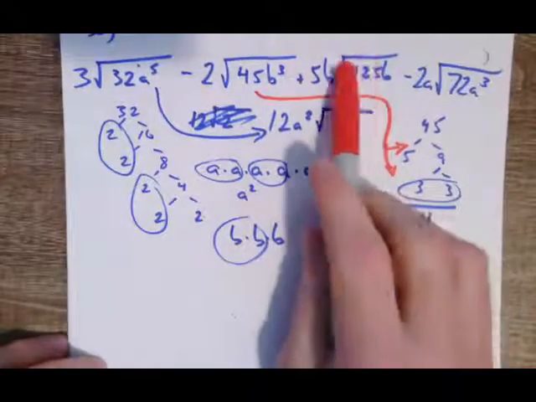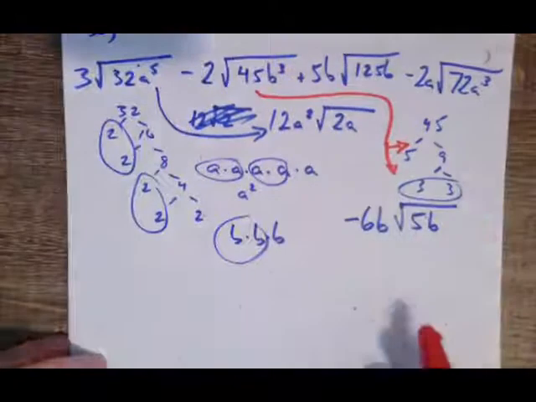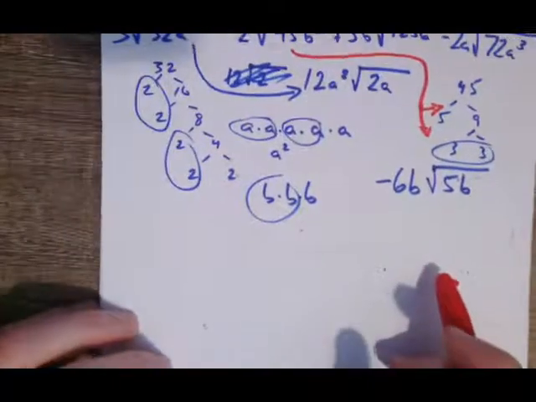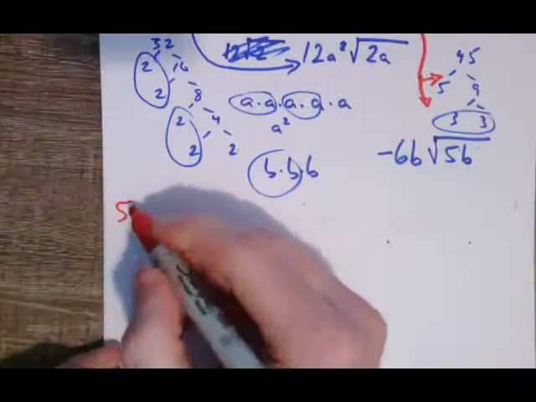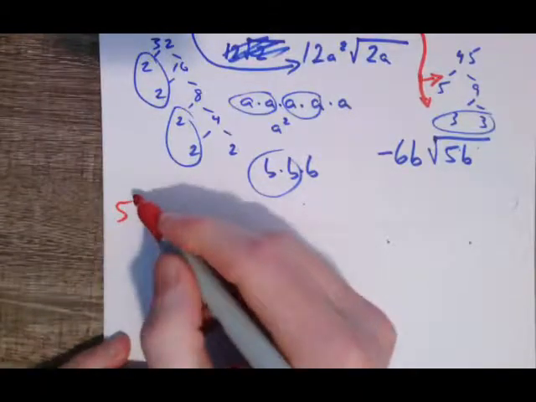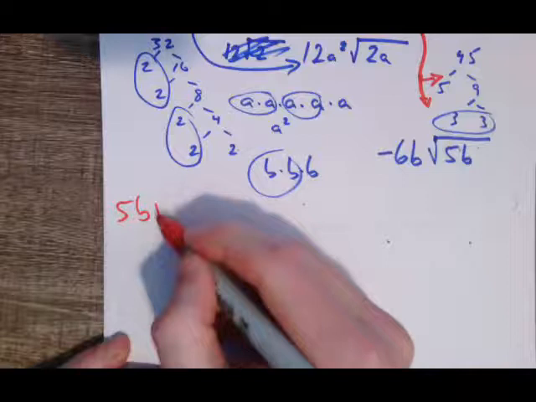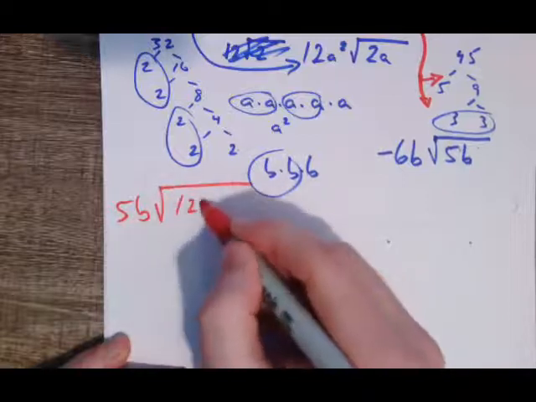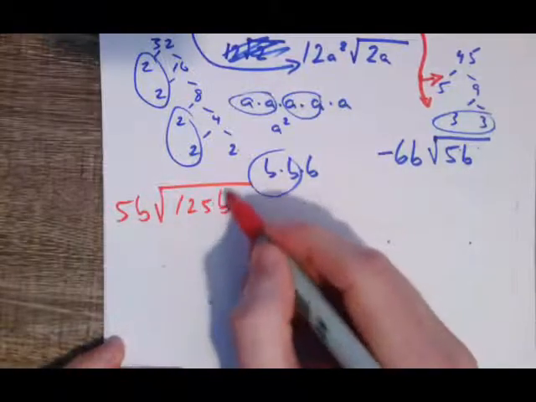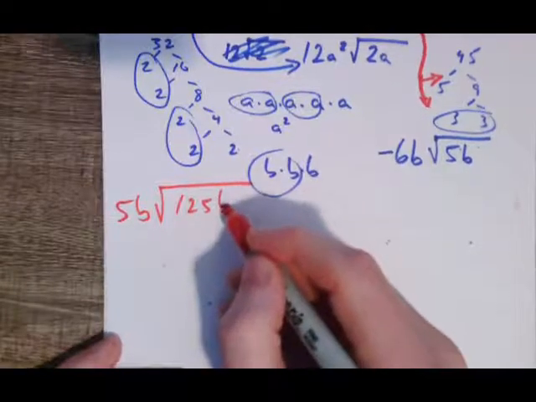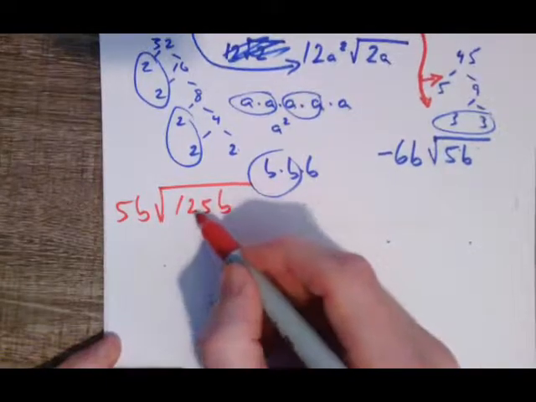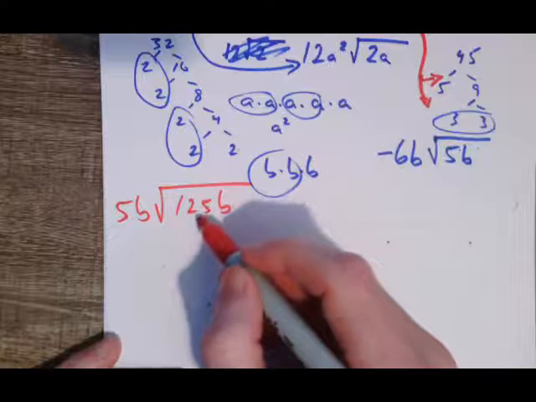Maybe I'll do this one and this one in red, just so they're their own kind of animal. So we've got 5b. I have to collect all this at the end, hey. 5b times the root of 125b. That b is on its own. That b is not going anywhere. Sorry, b, you're stuck. You're a lifer in that sign. 125 is 5 root 5.